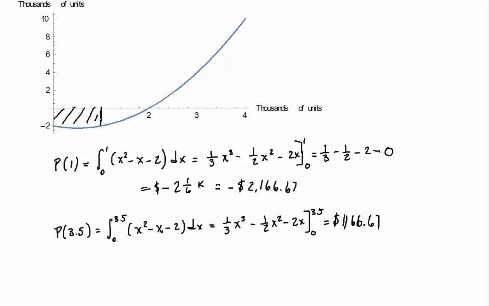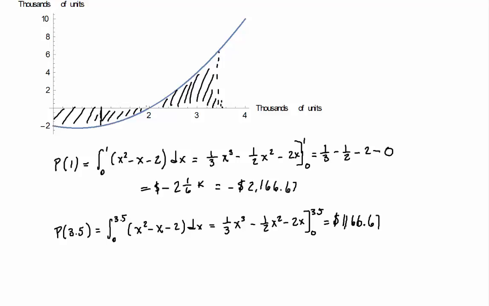But as you go to 3.5, which would be somewhere in the middle here, if my line were straight, you keep going negative for a while, and then it becomes positive, and at some point the accumulated area becomes 0. That point, when the profit is 0, is the equilibrium point. Then you pass that and your profit becomes positive.